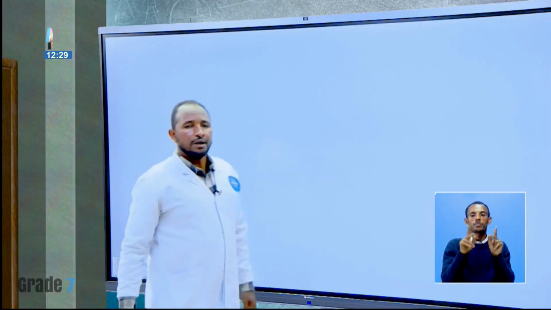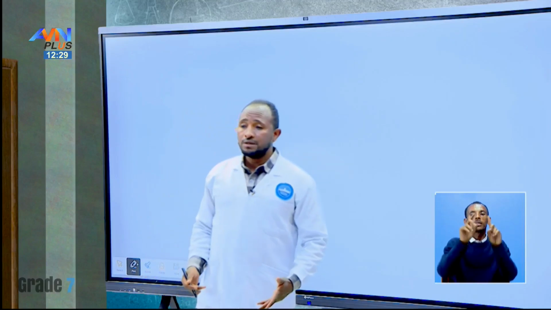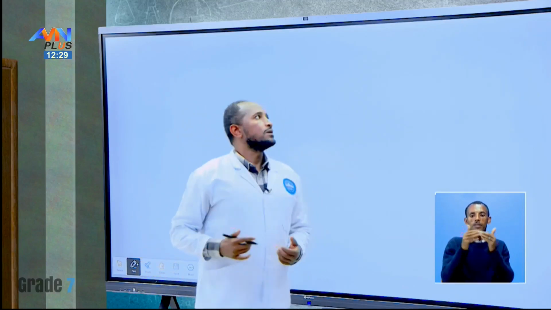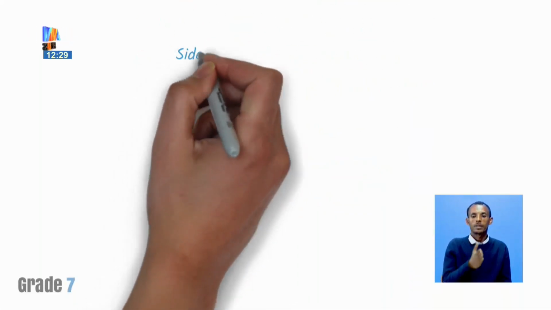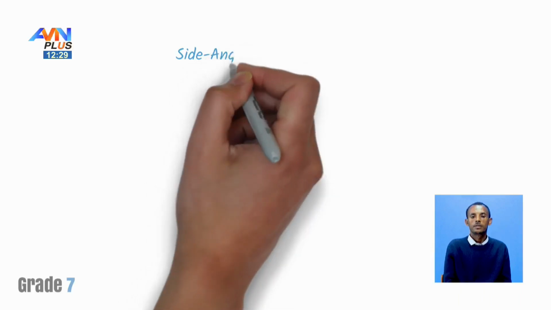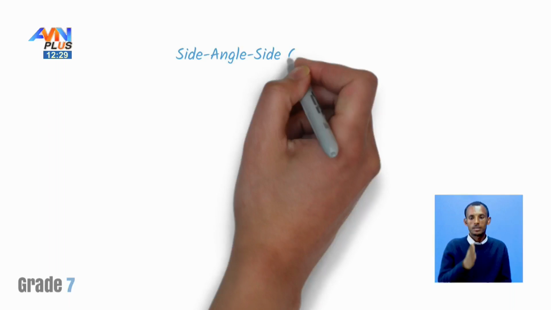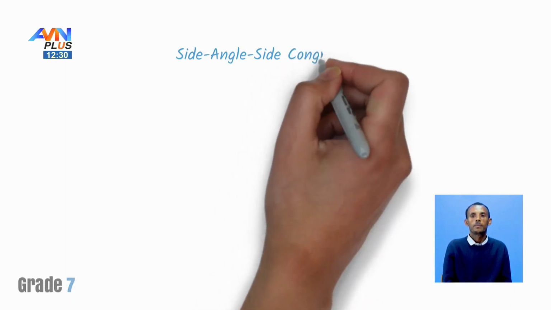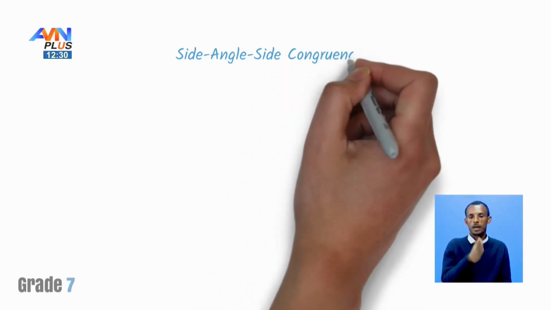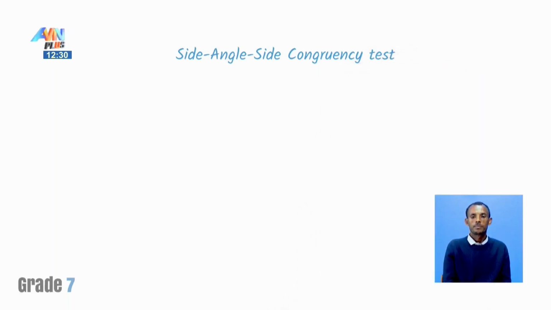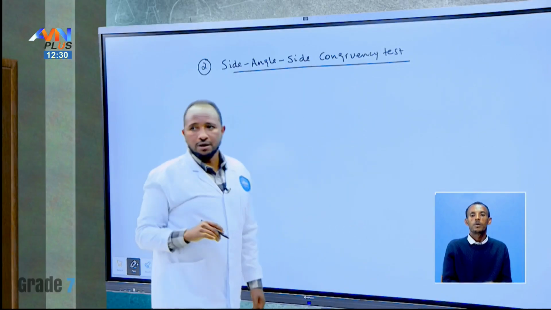The second congruency test is the side angle side congruency test. What does this test say?